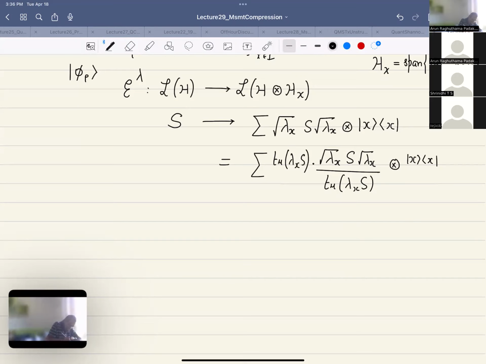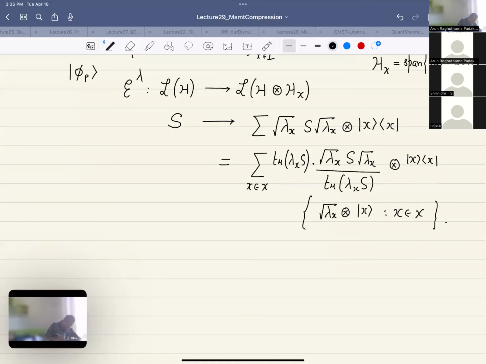That is what S goes to. So when I apply E lambda, the Choi-Kraus operators are essentially root lambda x tensor xx. These are your Choi-Kraus operators. You can check that this is a CPTP map.